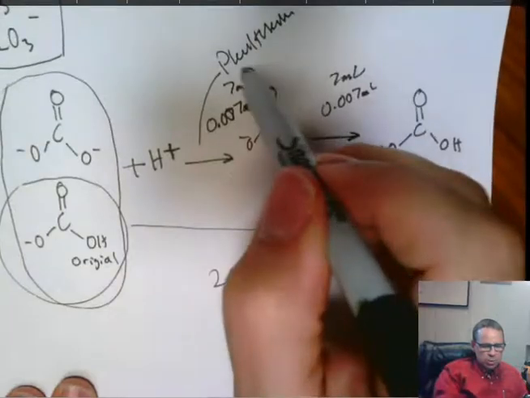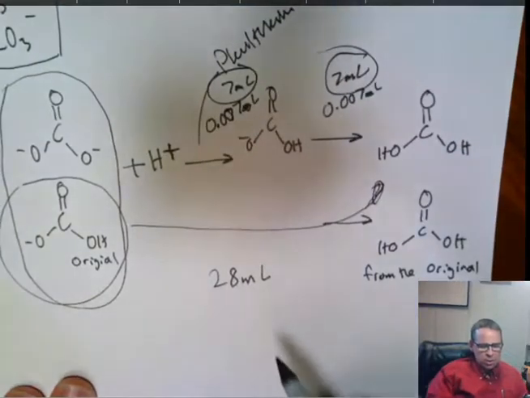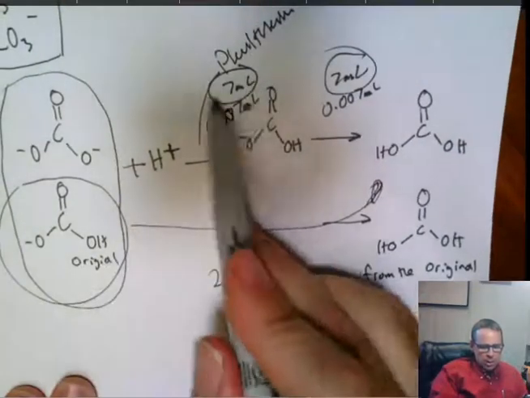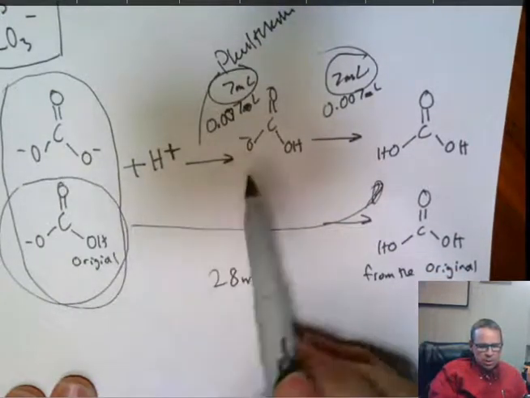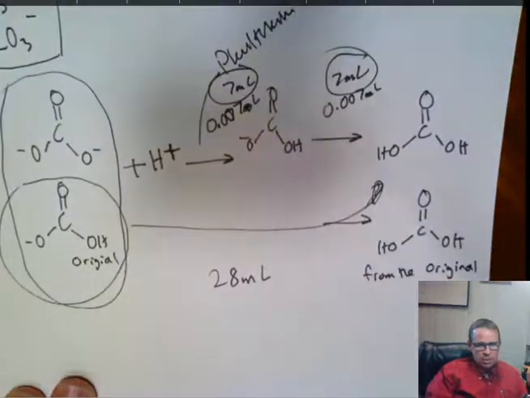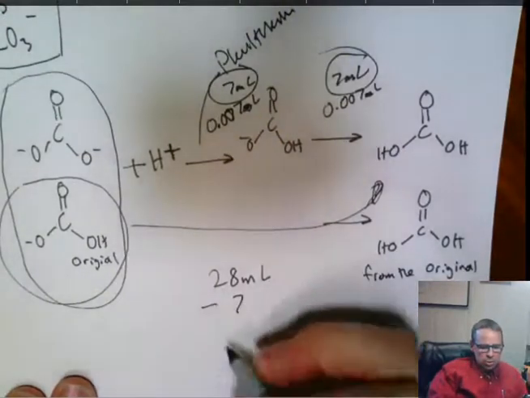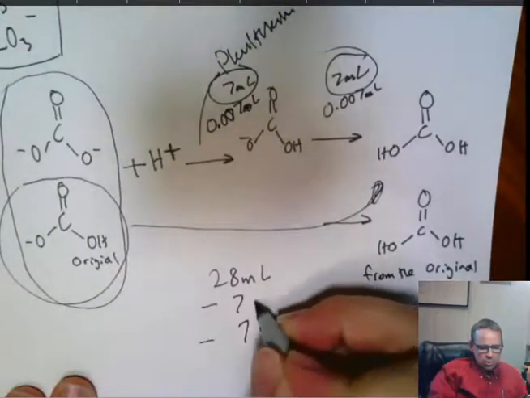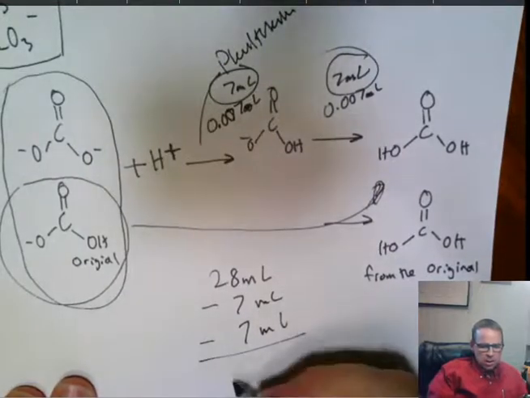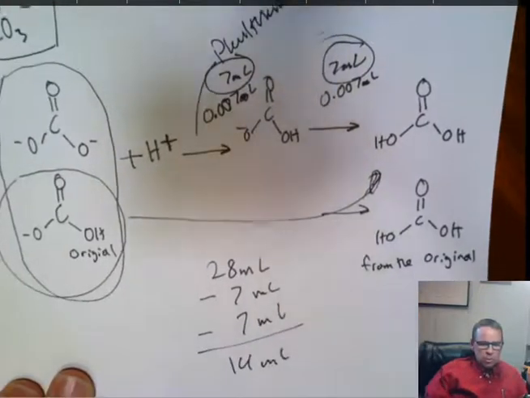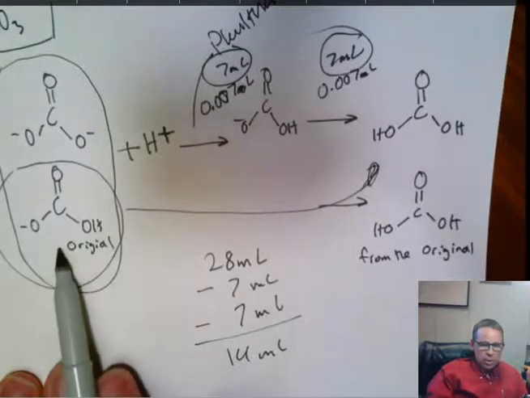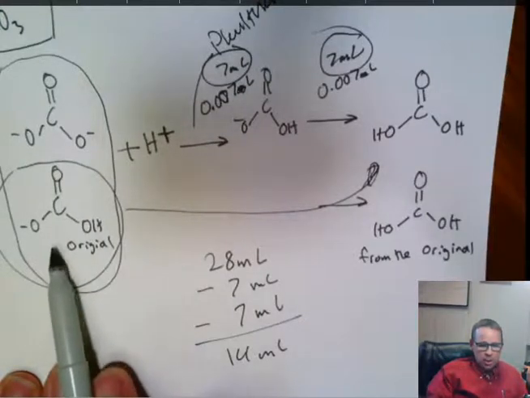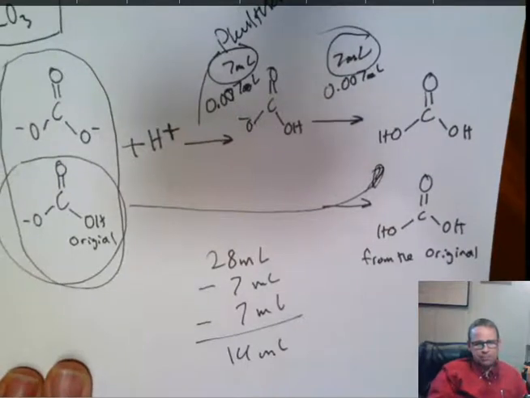So we're going to need to subtract these two values here, and we can find that value by how much it took to convert the carbonate to bicarbonate with the phenolphthalein. We need to subtract those two values, right? And the leftover was the amount of acid necessary to convert the original bicarbonate to the carbonic acid.